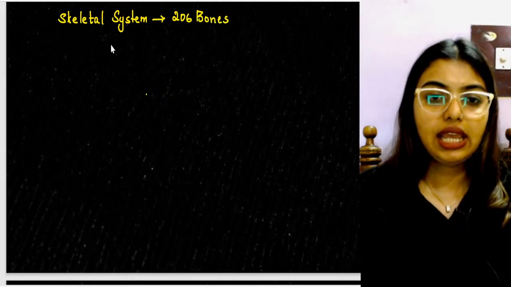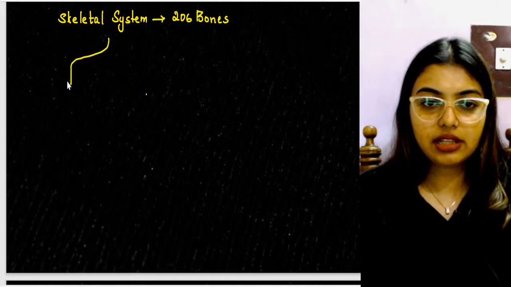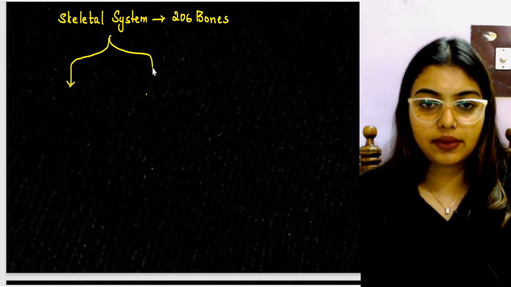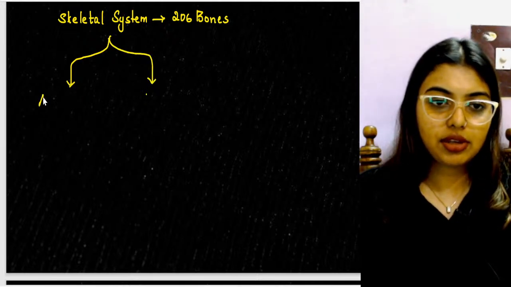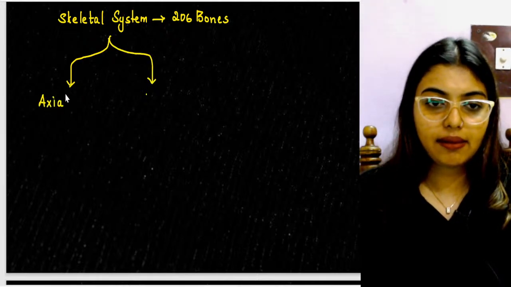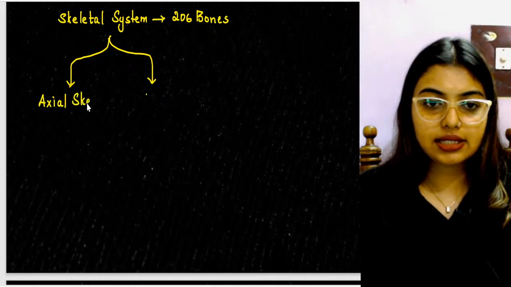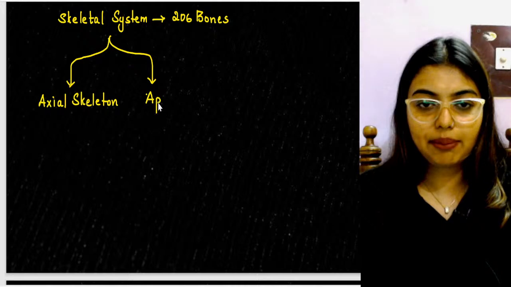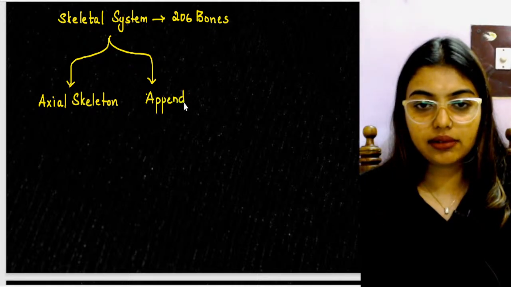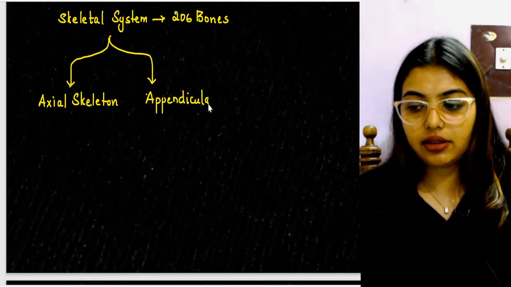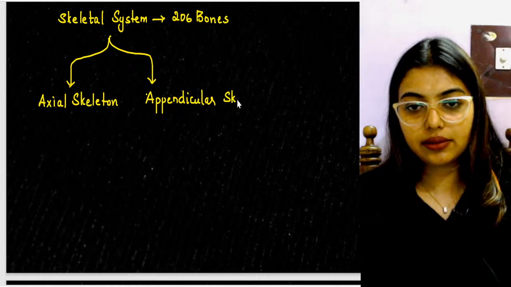In these 206 bones, we can divide them into two categories. One is going to be called your axial skeleton. One is going to be called your appendicular skeleton.